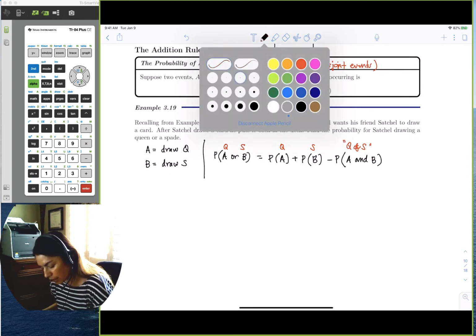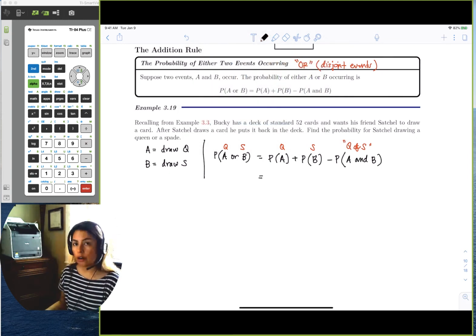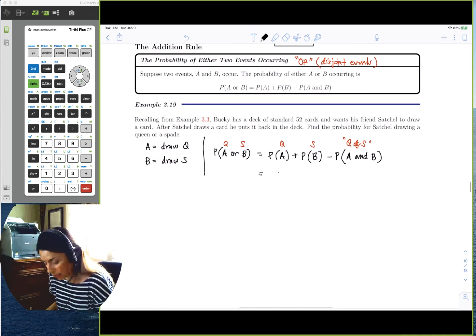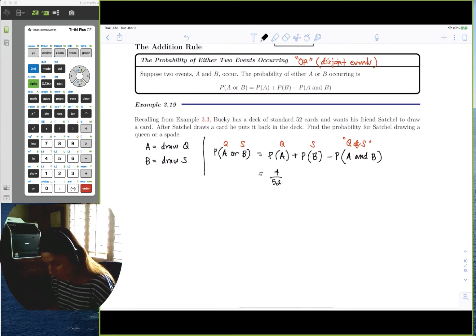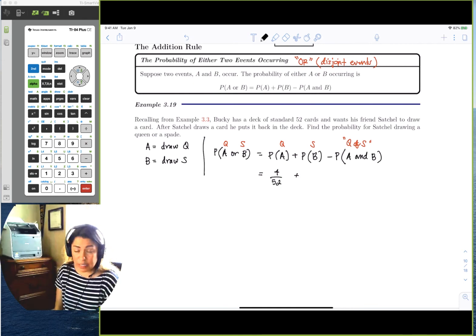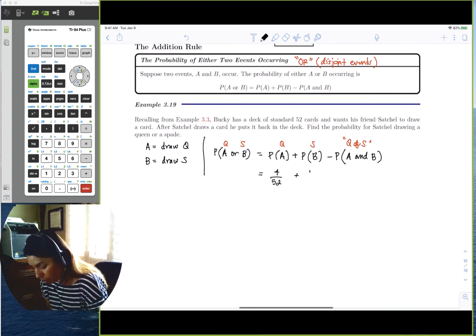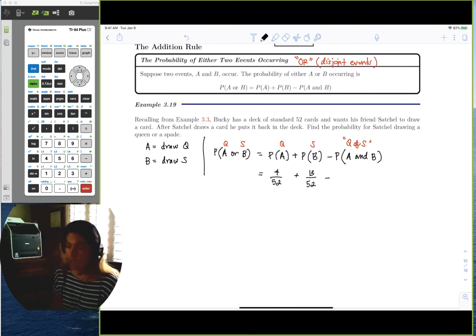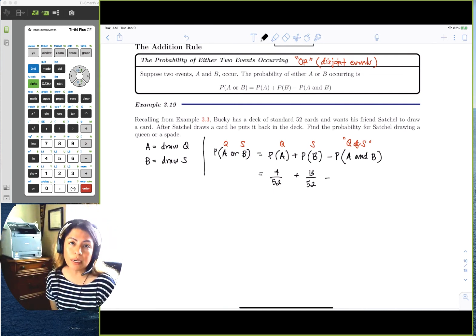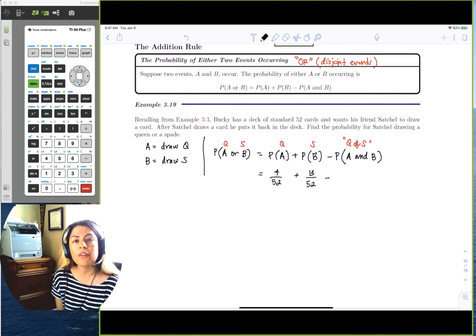Okay, so let's go ahead and think about that. Well, queens, there are 4 queens in a deck, right? We did this, so it's 4 out of 52. Plus the spades, that's a suit, so that would be 13 out of 52. Minus the queen of spades. And how many queen of spades are there in a deck? There is only one.